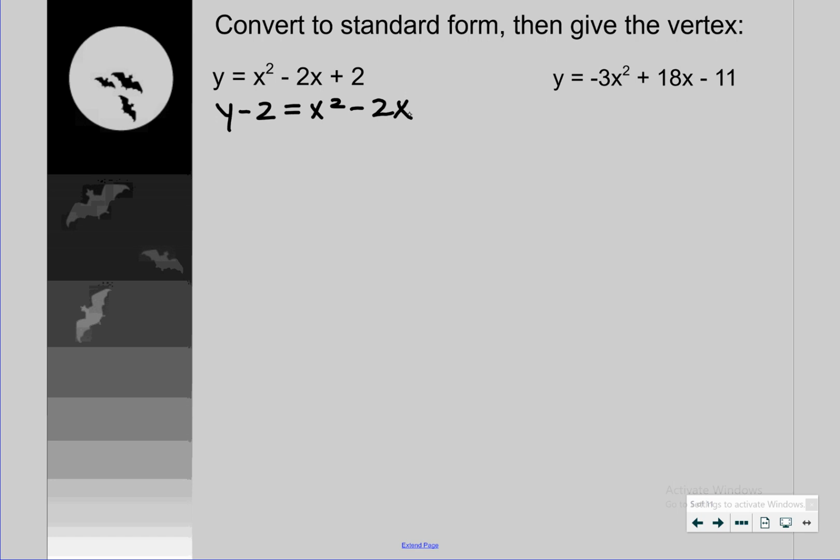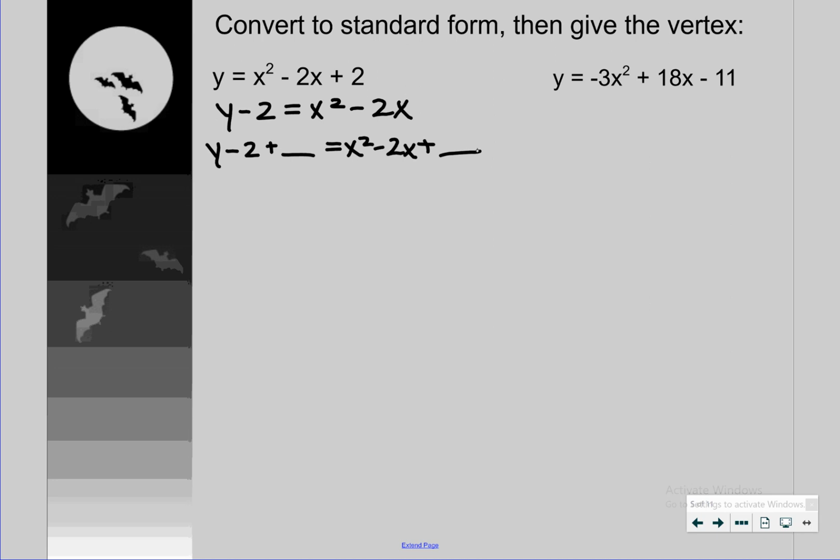The second step, if you look at the instructions, says factor out the number in front of the x squared. In this problem, is there a number in front of the x squared? There is not, so we just skip that step. Third step is the actual completing the square step, where we're going to leave a little space on each side, and we are going to add a number to both sides to balance it out.